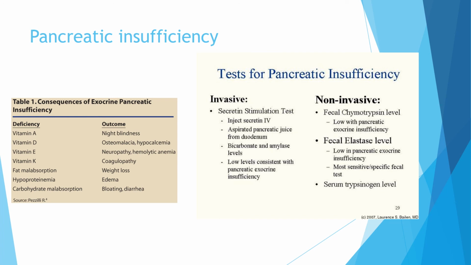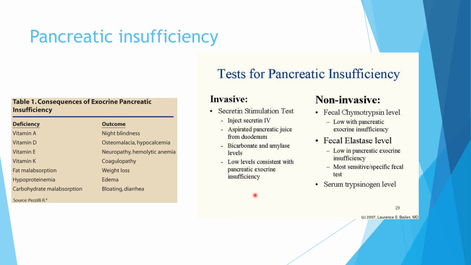So the tests that we have here, you can see, you have the secretin stimulation test, where we inject secretin intravenously, which causes the secretion of pancreatic juice into the duodenum. And then we can take bicarb and amylase levels. And low levels of those are consistent with pancreatic insufficiency.